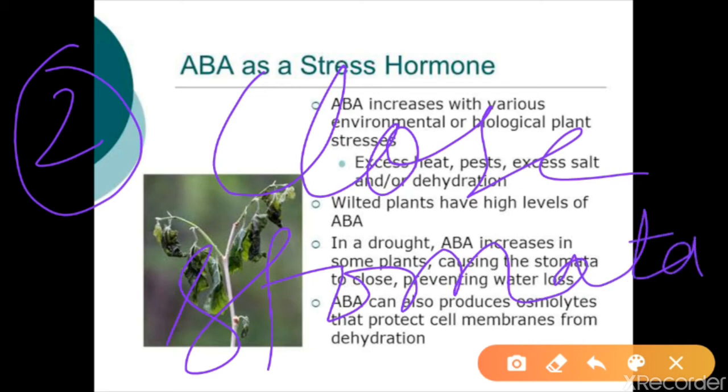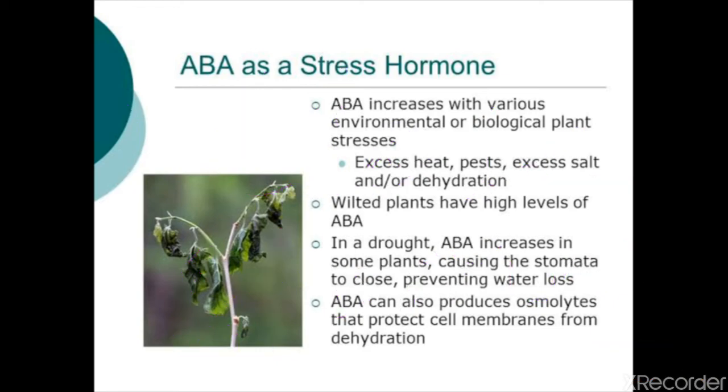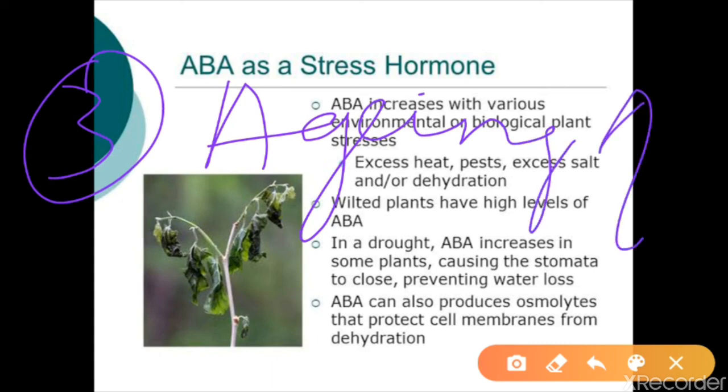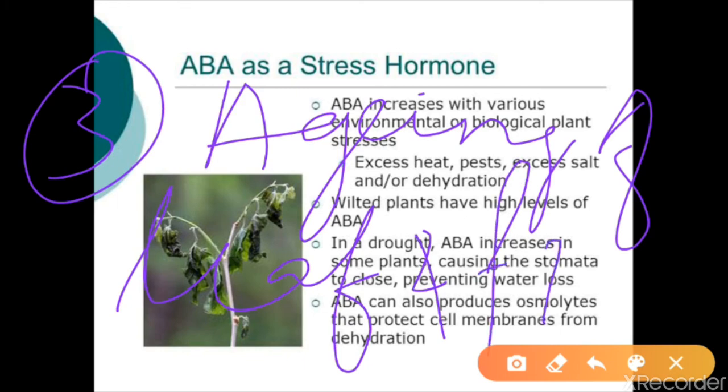Got it? Now the third part: as we read in the cytokinins, they do not let the leaves and the fruits age, but abscisic acid helps in the aging of leaf and fruit.